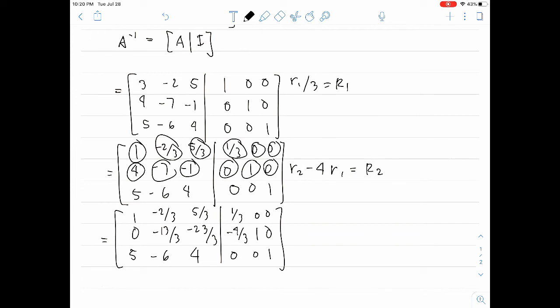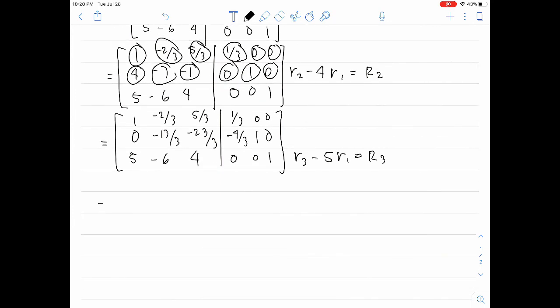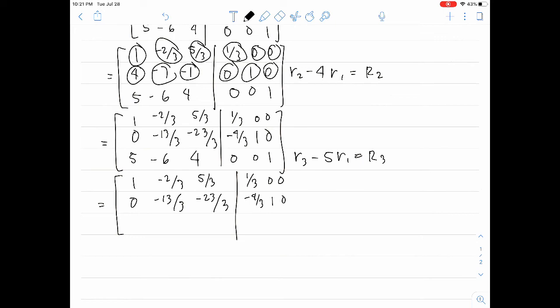Okay, so next, the first column is still lacking a 0. So R sub 3 minus 5 times R sub 1, which is our base, is equal to the new row 3. Copy the rows that are not changed. Focus on R sub 3.